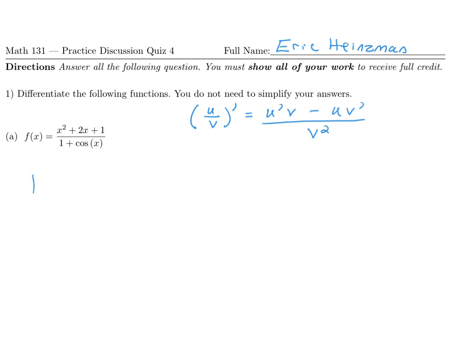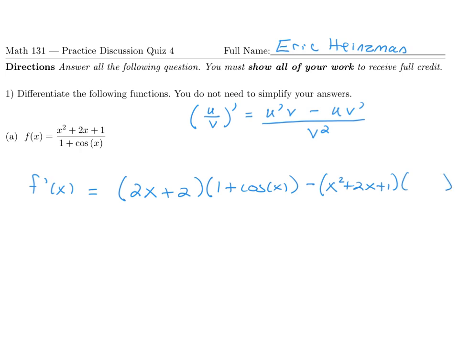So here, f prime of x is equal to, if we first differentiate the top, that is 2x plus 2. If we just multiply by the denominator, 1 plus cosine of x, I just copy it down. We then subtract the numerator, x squared plus 2x plus 1, but then we multiply by the derivative of the denominator.